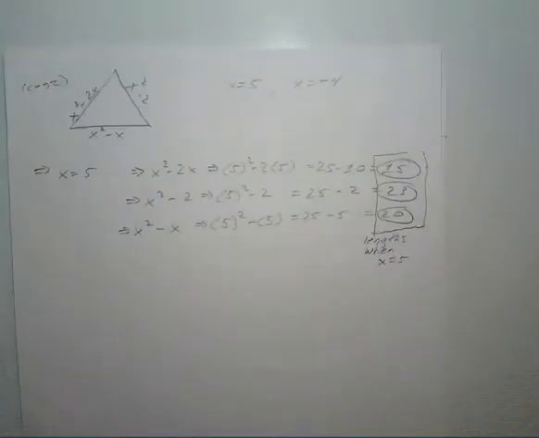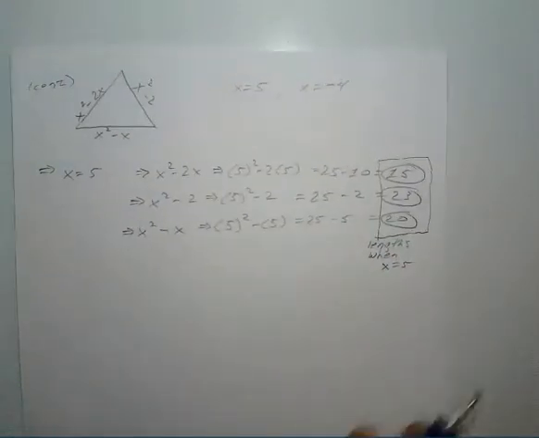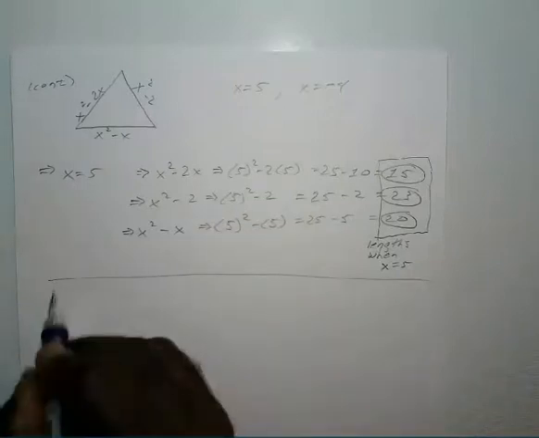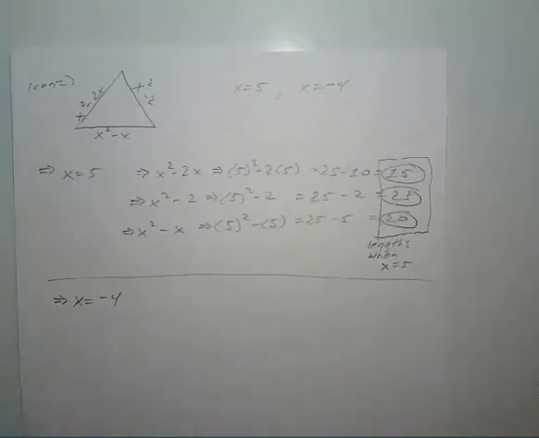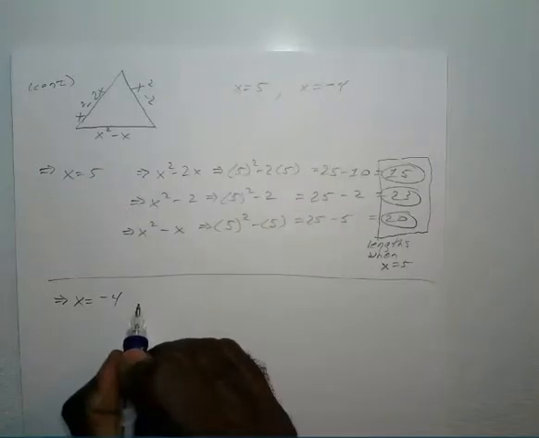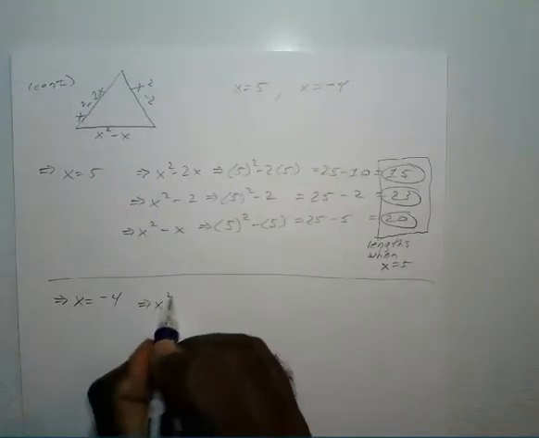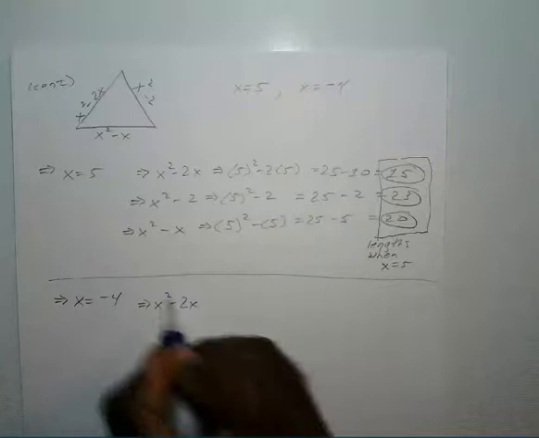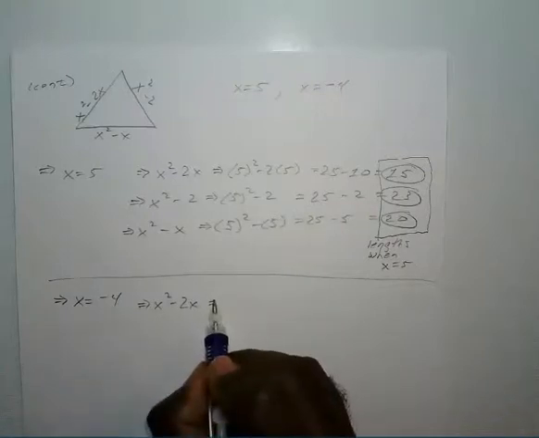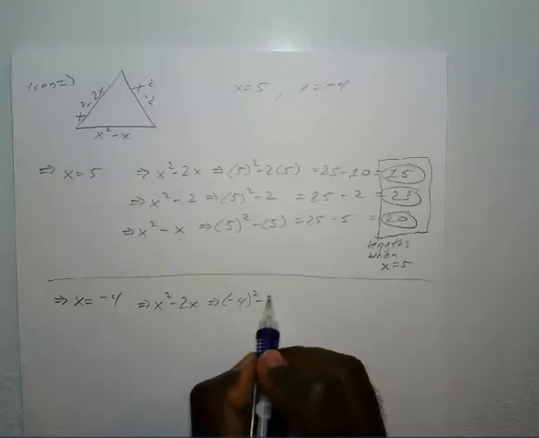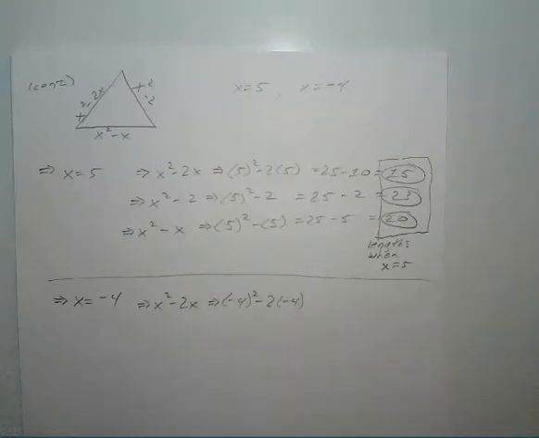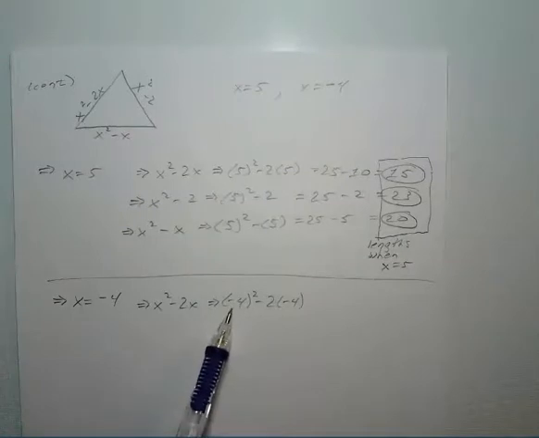Alright, so what about when x is equal to -4? I'm glad you asked. When x is equal to -4, again, our x squared minus 2x is negative 4 squared minus 2 times negative 4. Okay, so negative 4 squared is positive 16, since it's negative 4 times negative 4.